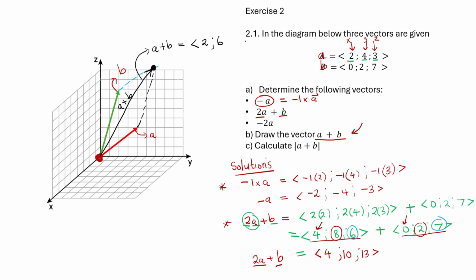Then you add the z value of a and the z value of b, 3 plus 7 is 10. So these are your components for the resultant vector.